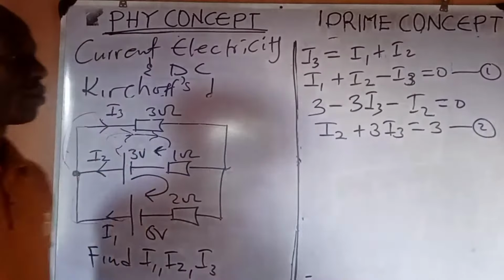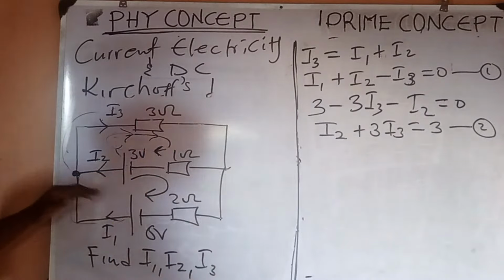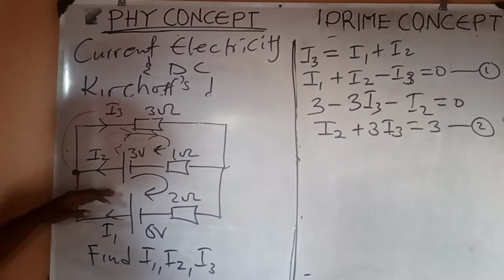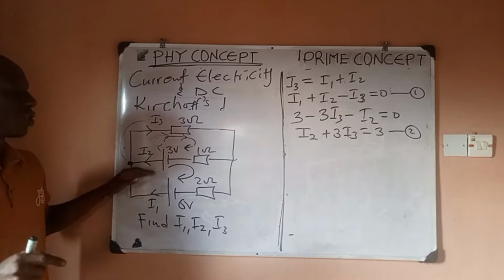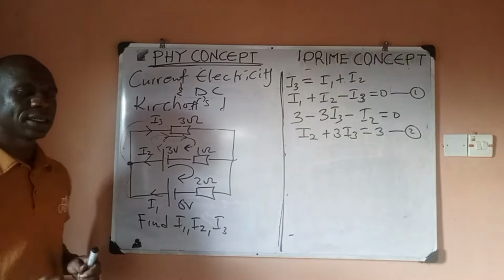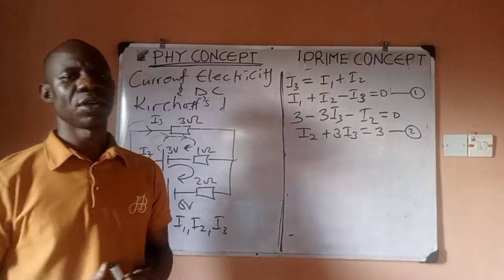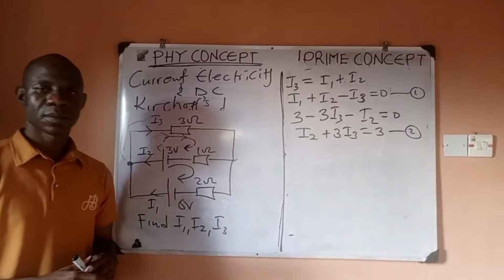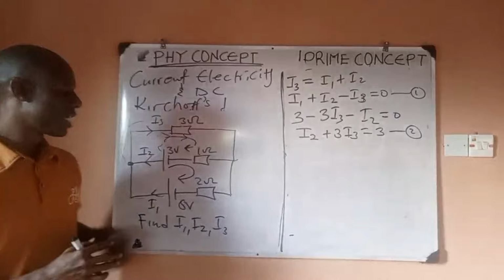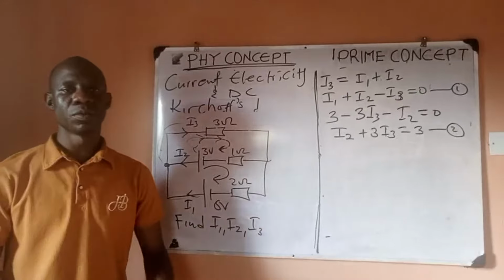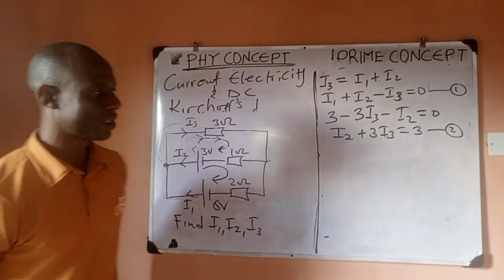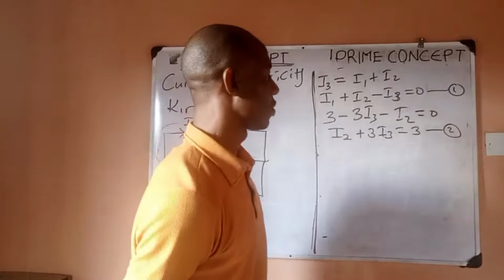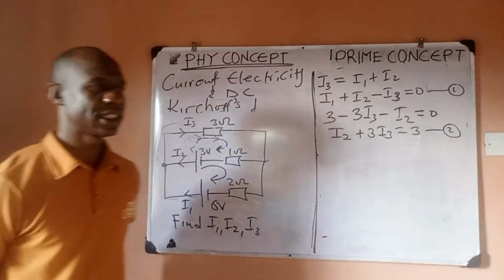Check it very well, you would see. Then finally, for the second loop, I want you to give me the equation for the second loop fast. I want to see who has it. I'm waiting for your answer so that I can move. Who would get the equation for the second loop? Anybody? Not yet. I'm giving you 5 seconds. Generate the equation for the second loop.